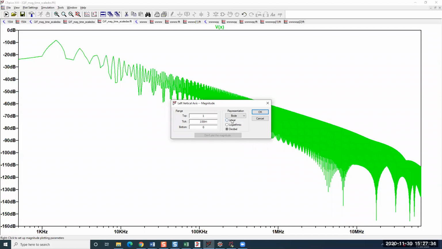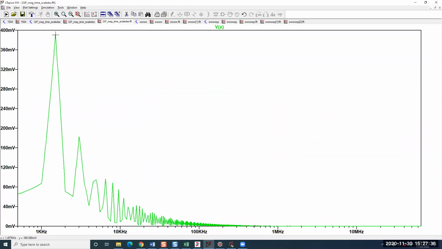And it'll be easier to see it in linear. All right. And so there we are. That's about a kilohertz. And then you can see these higher order harmonics.